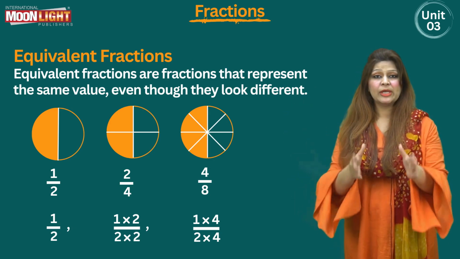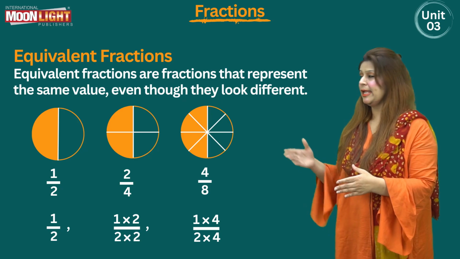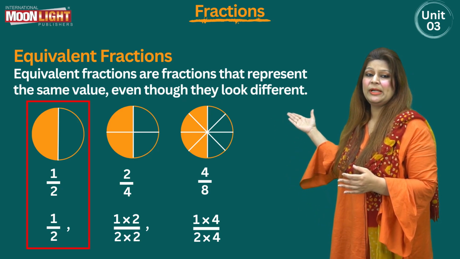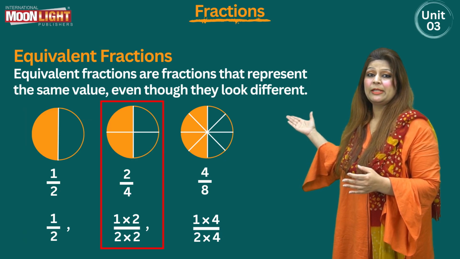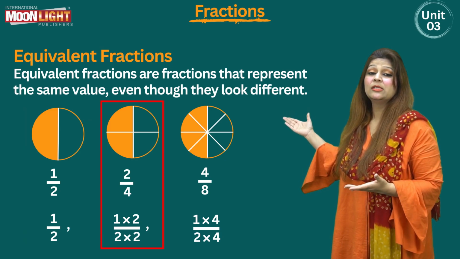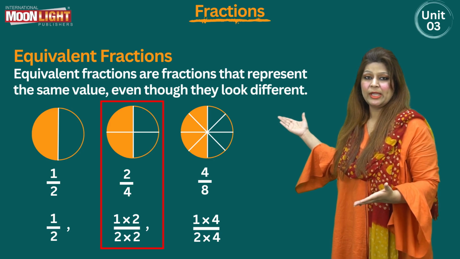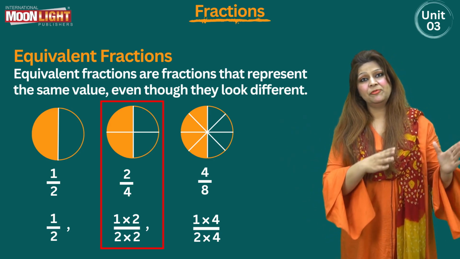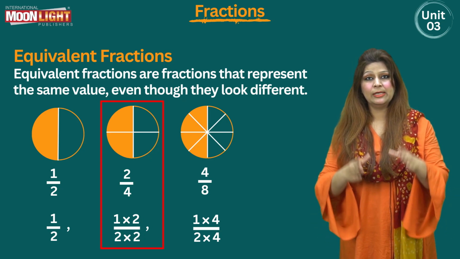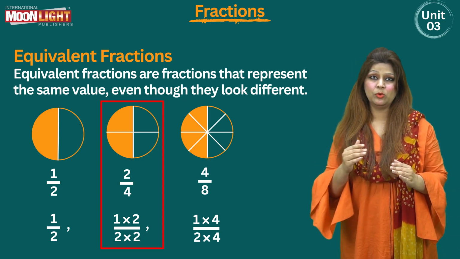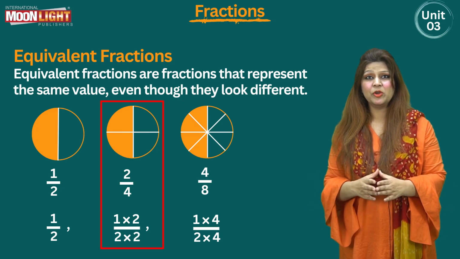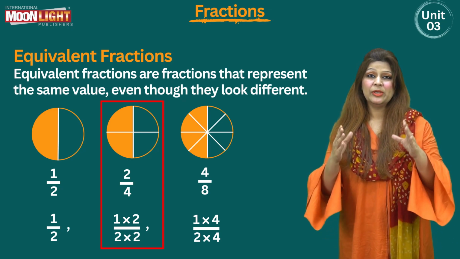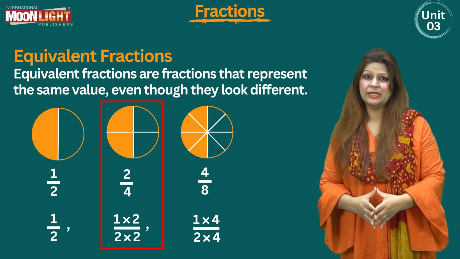How do you get these equivalent fractions? Take 1 by 2 and multiply the numerator as well as the denominator by the number 2. If you are dividing, then we divide numerator and denominator both by the same number. And if we are multiplying, then we multiply numerator and denominator both.